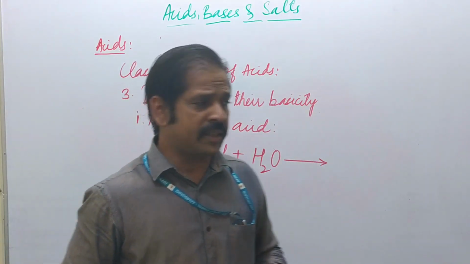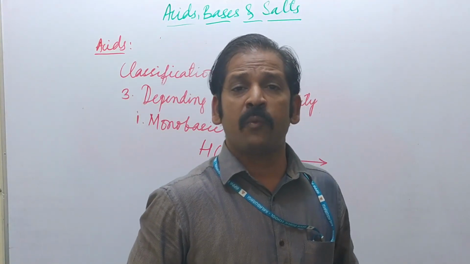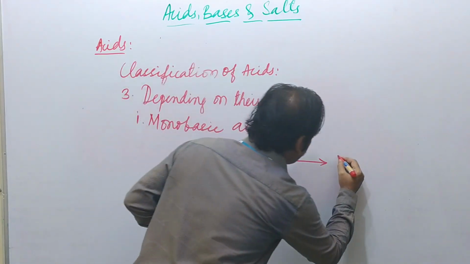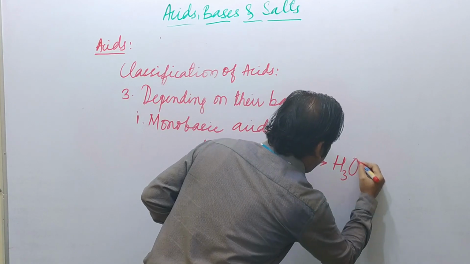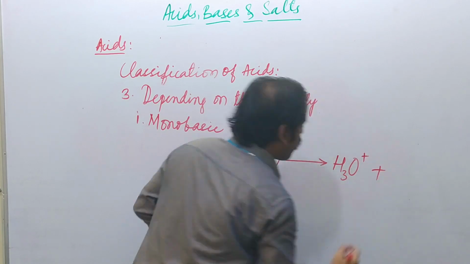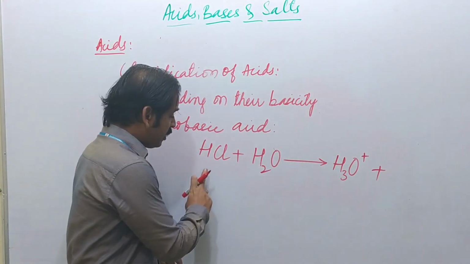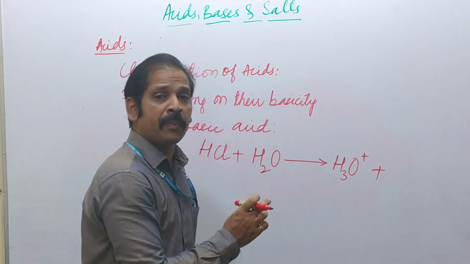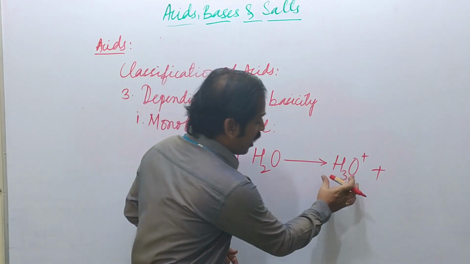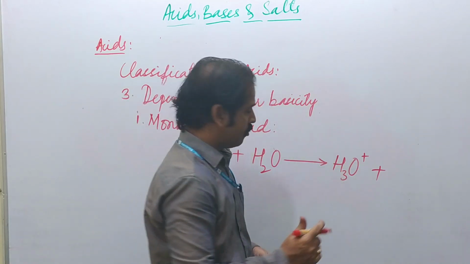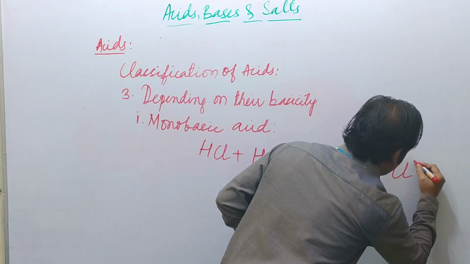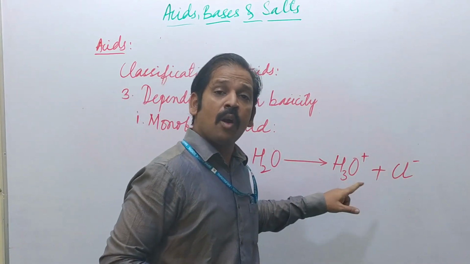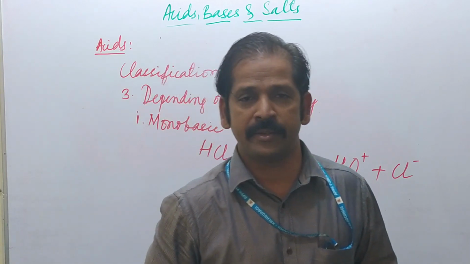When hydrochloric acid reacts with water, see here, hydrogen reacts with this water and chlorine separates. We get one hydronium ion. Yes, we have got one hydronium ion. It is called a monobasic acid.